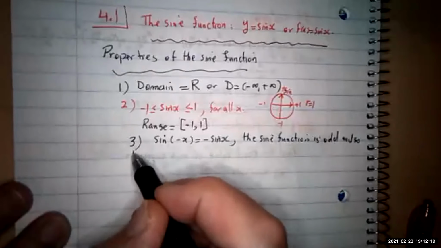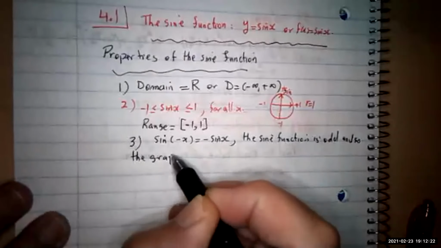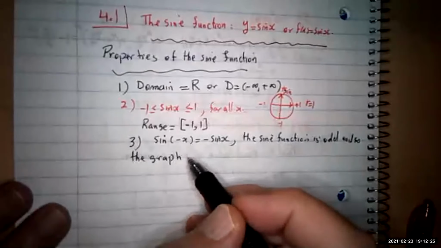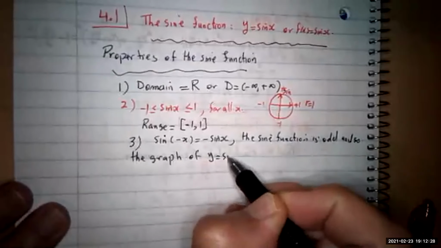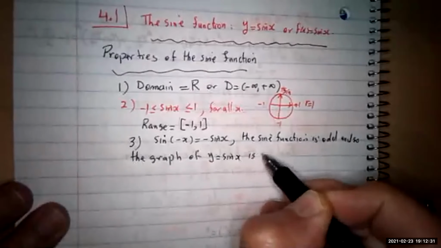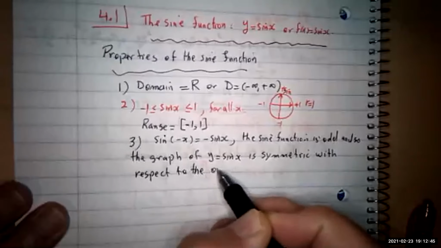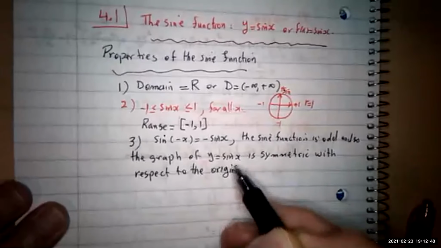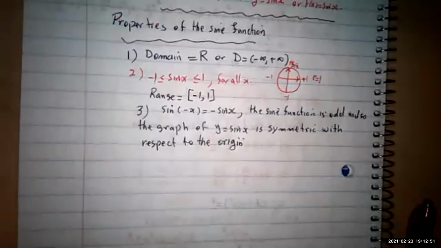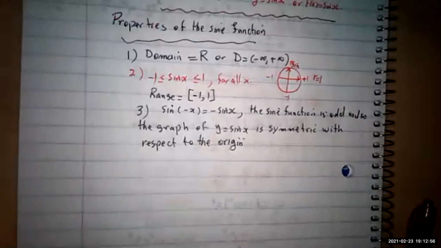The sine function is odd, and so the graph of y equal to sine x is symmetric with respect to the origin. That will help us when we want to graph it. Very useful. So this is property number 3.